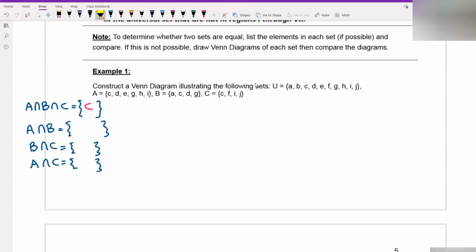Here we have A and B. We already know that we have C in between these two. Here is D. I also have D and B. C, D, G between A and B. Between B and C, and A and C.